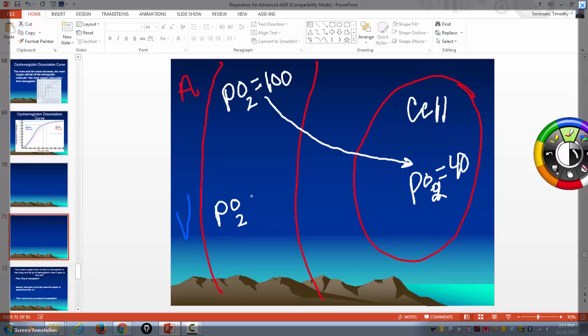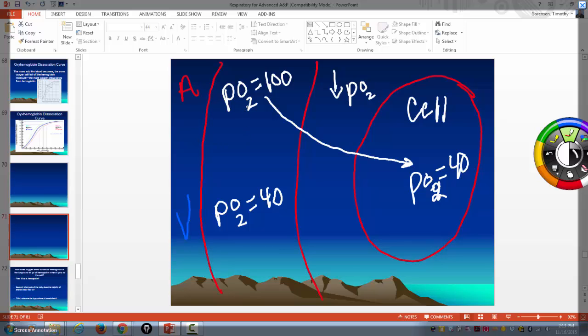So the PO2 of venous blood is now 40. So one of the conditions at the cell, and I would write this down, is low PO2.